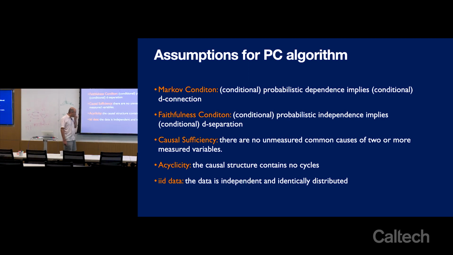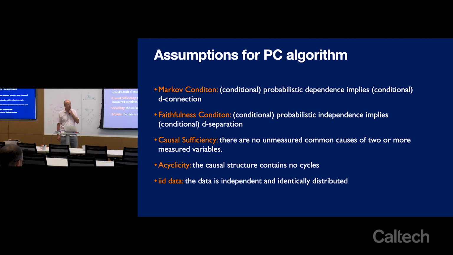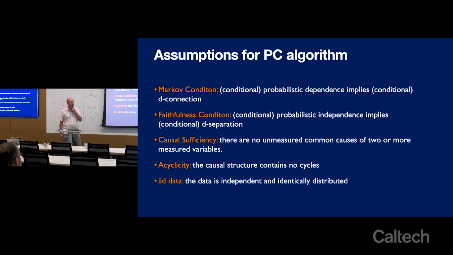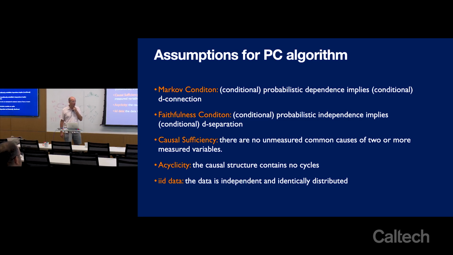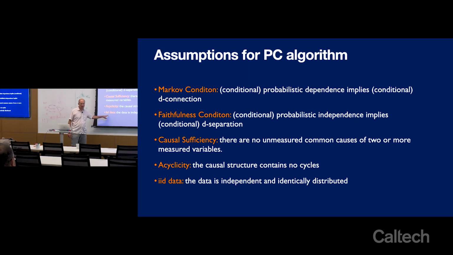And then lastly, we're assuming that the data is independent and identically distributed. So if you're measuring MEG, for example, or EEG, you're sampling extremely fast. And so from one data point to the next, you might have autocorrelations that would violate the IID data assumption.